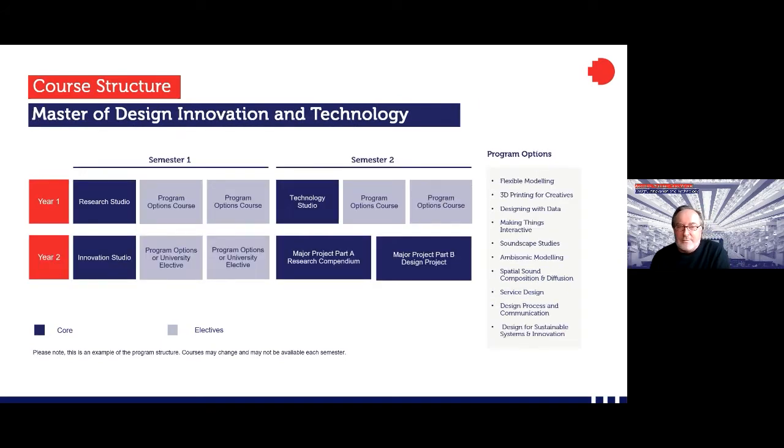So that's the grad cert, and as I say, that's like 1 semester of the masters. The masters then goes over 4 semesters.